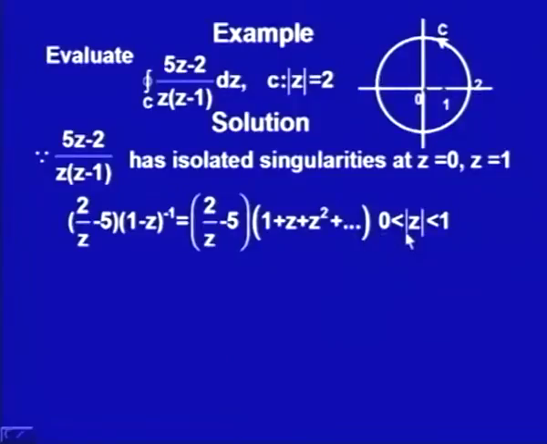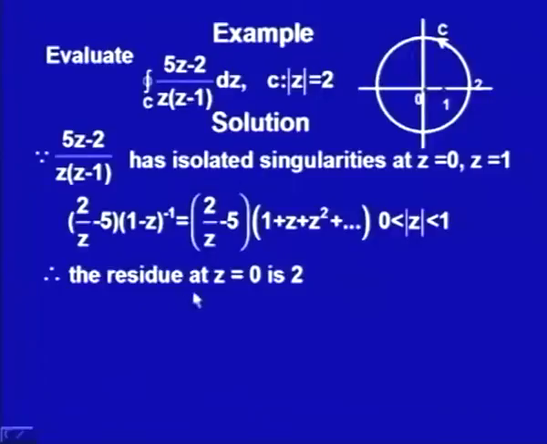This is valid for |z| lying between 0 and 1. From here, the part which is going to be the principal part is 2/z. Then we get 2, and all the other terms are powers of z. So the coefficient of 1/z is only 2, and from here we get b₁ = 2.